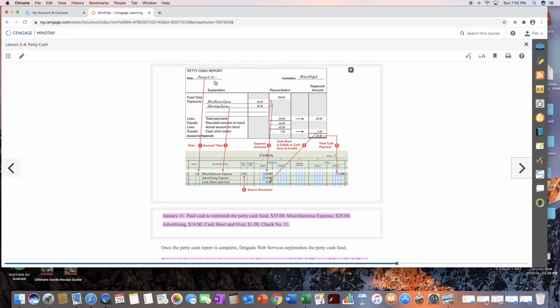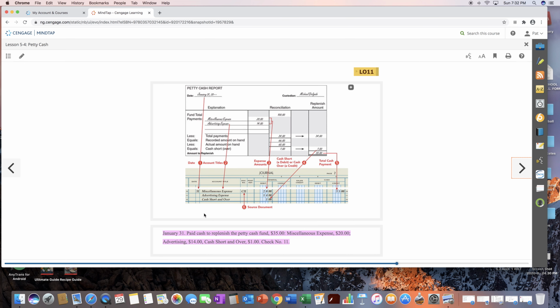We're replenishing it at the end of the month, so we put the 31st as the date, and it says here it's check number 11. And so it tells us paid cash, replenish petty cash, $35. So you know the credit to cash is $35. You also know that because the petty cash report tells us that here. But in our transaction, it tells us paid cash, replenish petty cash fund, $35.